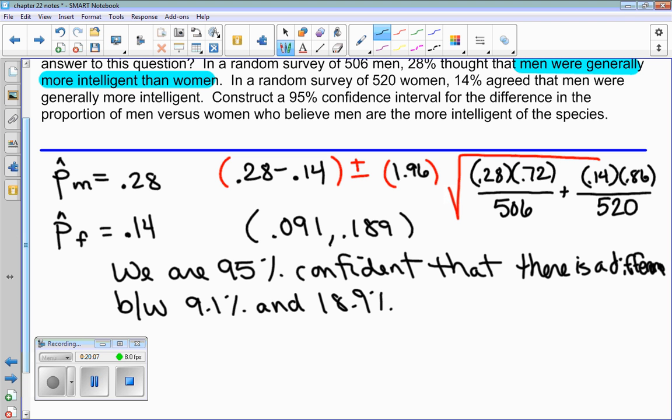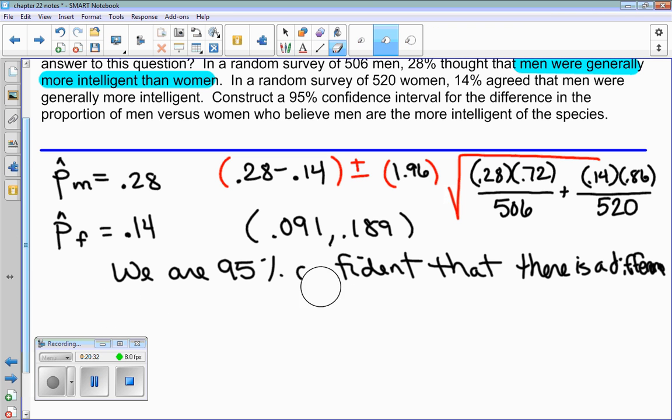It goes back on how we defined this. We did men minus females, didn't we? And we got a positive solution, which means that more men believe that they're smarter, right? So we could even go as far in saying that if we wanted to. That might even be a better way to say it. So let's go ahead and say that.